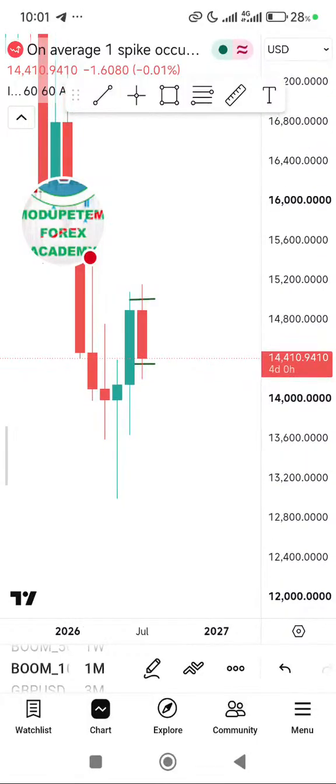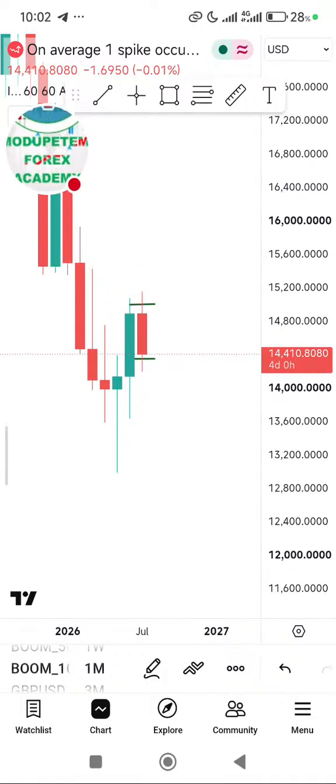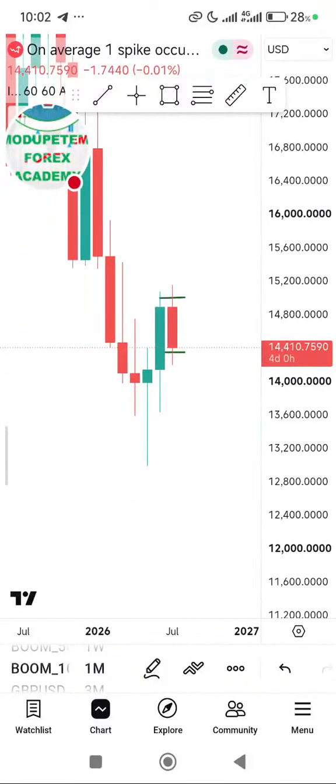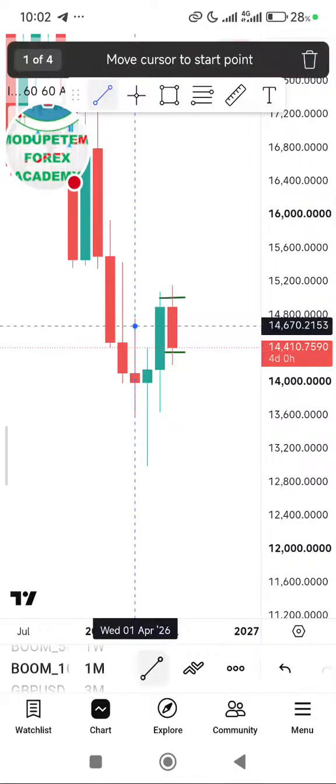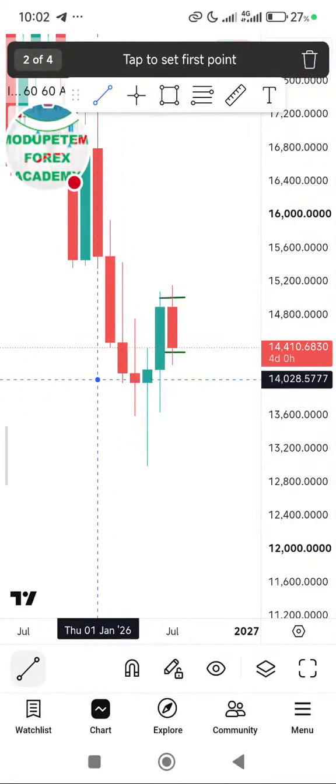Now, on the monthly time frame, there's something you need to pay attention to. It's very, very important. On the monthly time frame, we have a CRT, and the CRT that we have is this.